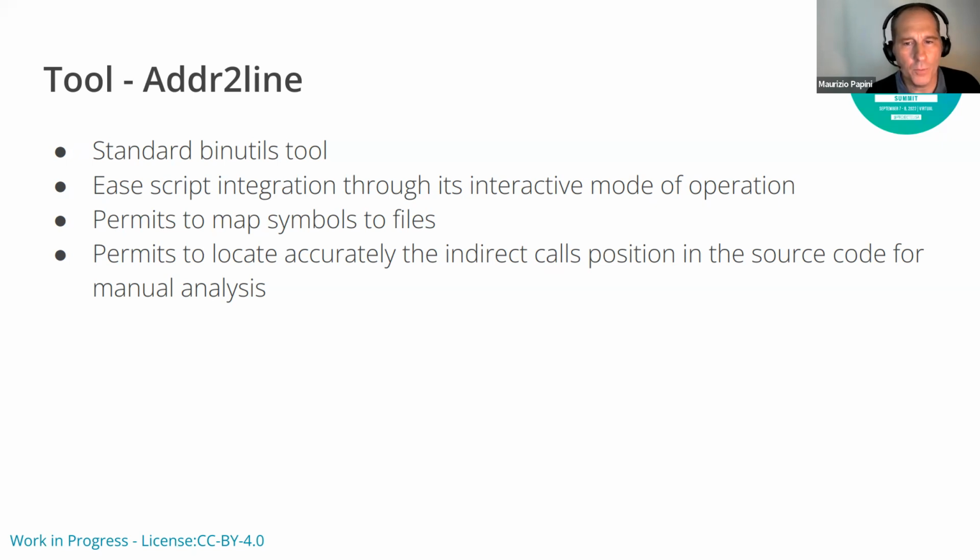This is the principal way this work collects file information. Radare 2 has a set of commands that support DWARF, but it doesn't expose a way to use it, so that's why we chose to use another tool. Addr2line is a binutils tool, and it's meant to translate addresses from a core dump into source code references.